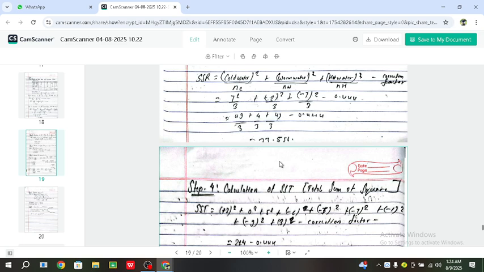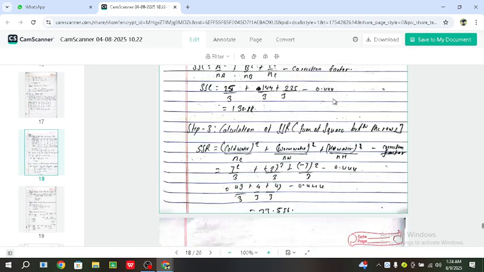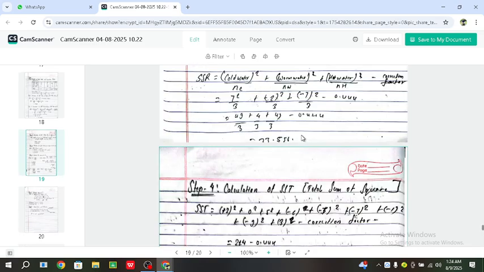Okay, this one, SST, is so easy. Now no need to do anything, just remember that we have to square all of this. Nothing. 2 square, 0 square, 5 square, all this, we are doing like that only.